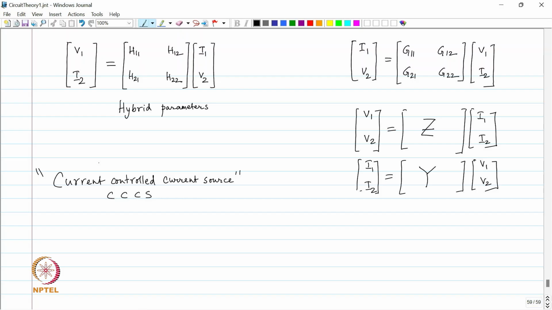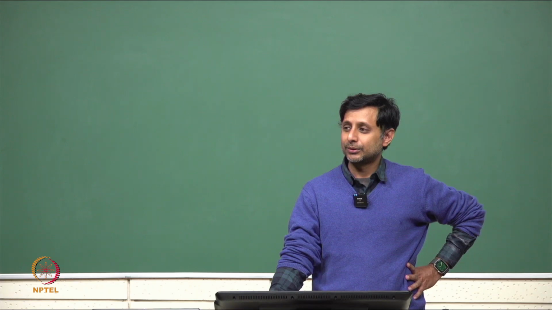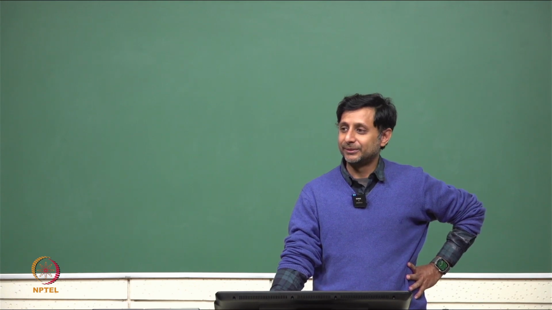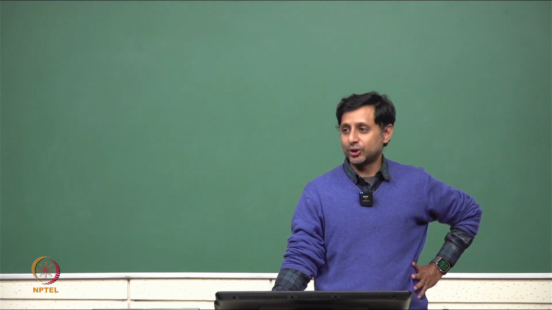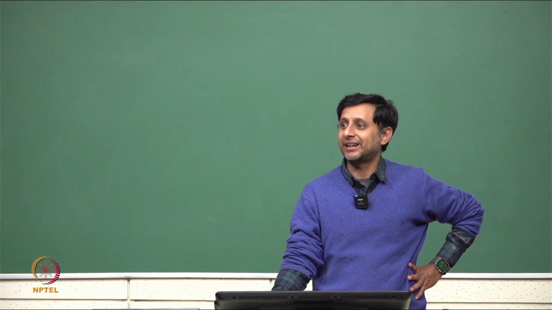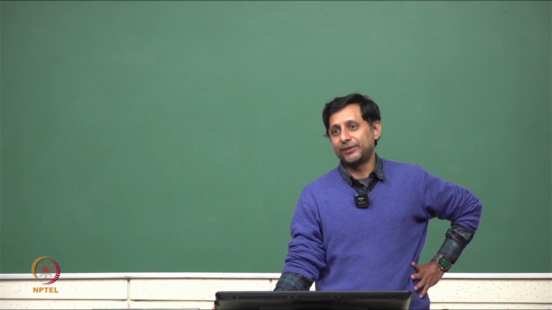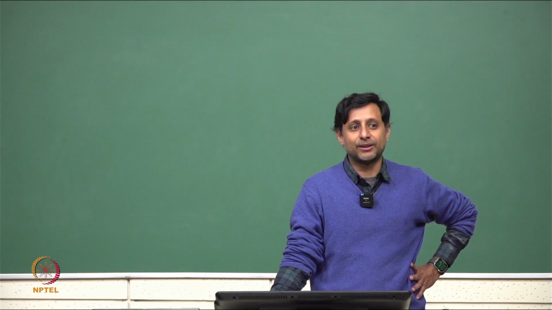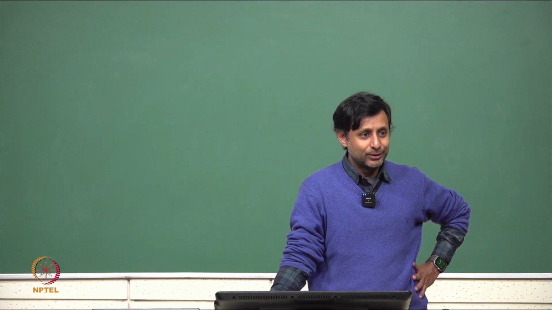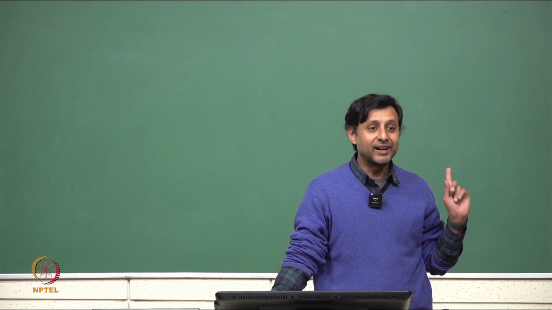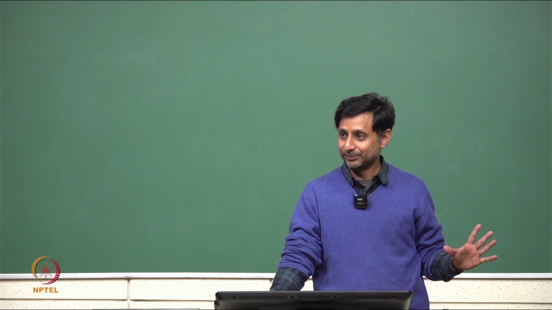Now, if you want a current controlled current source, then at port 1 what should be the input? I1 or V1? I1 should be the input, not V1, because it is current control. And if it is a current source, what should be the quantity at port 2? I2, not V2.